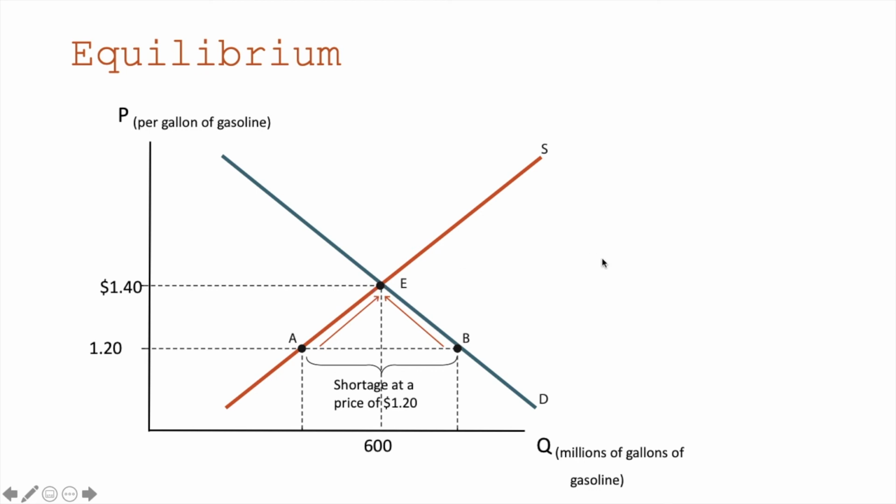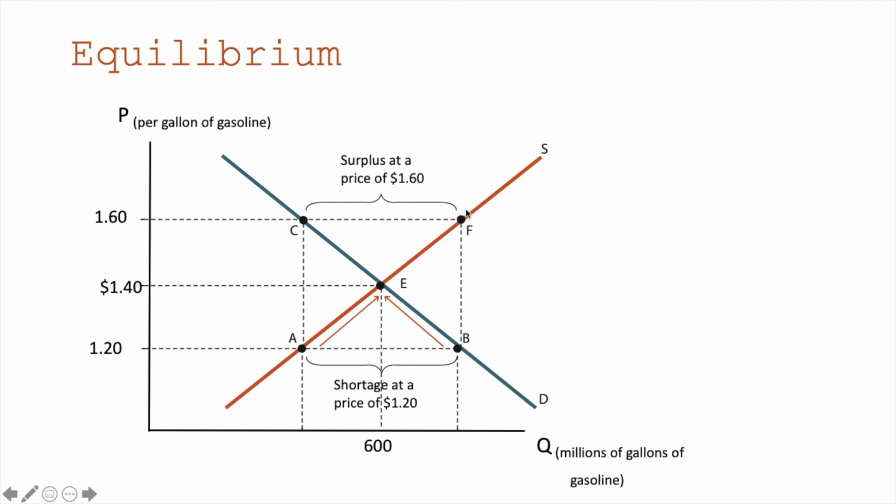Alternatively, a surplus happens when prices are too high. So when a price is too high, if you look at where that corresponds on my demand curve, that's a low quantity demanded. But if you look at where it corresponds on the supply curve, that's a high quantity supplied. So the difference between the high quantity supplied, the amount sellers want to sell, and the low quantity demanded, what buyers want to buy, that's going to be my surplus right there.